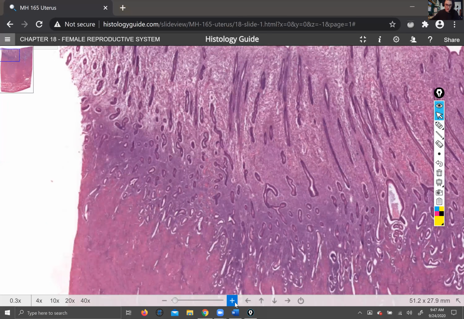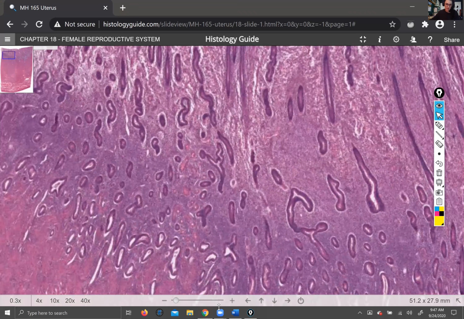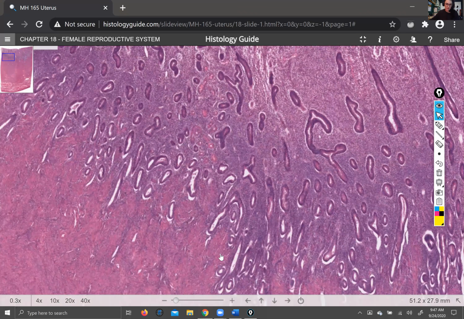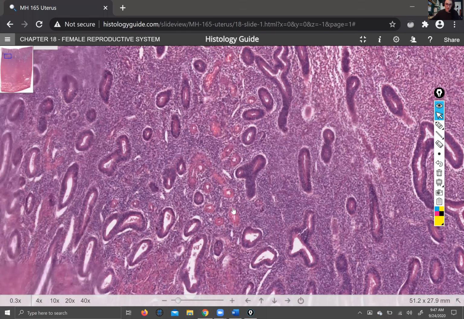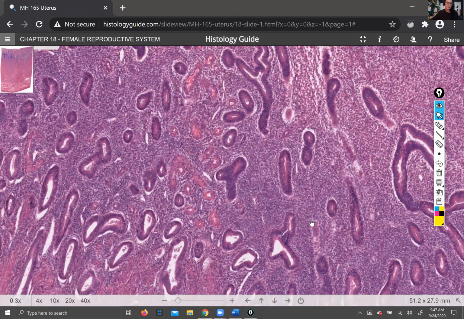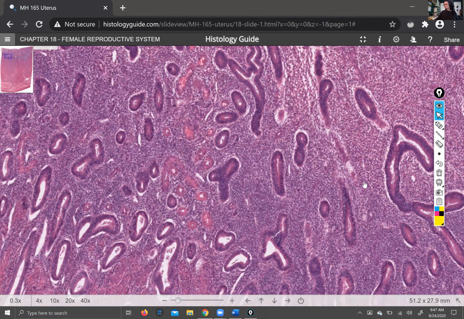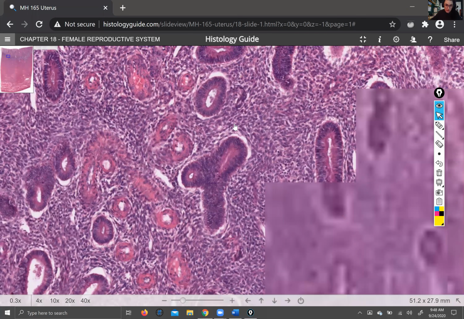So I'm going to zoom in here first. Sorry, sometimes Histology Guide is uncooperative. All right, so here we have the endometrium. It is a richly infolded mucosa consisting of, let's wait for it to buffer.